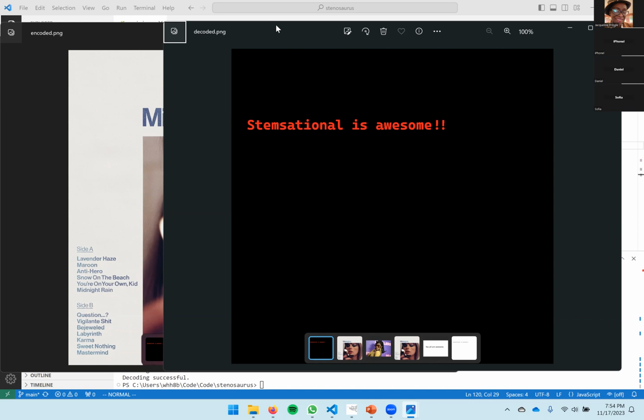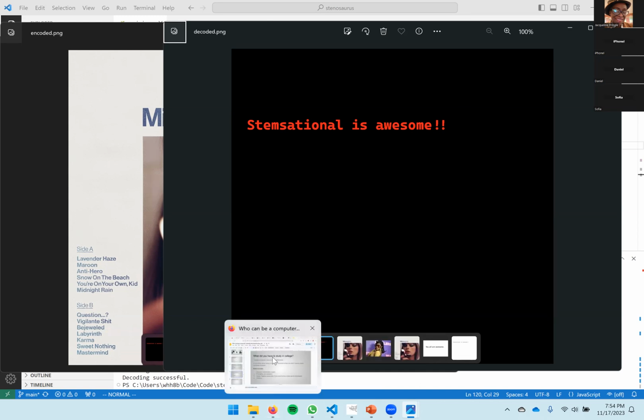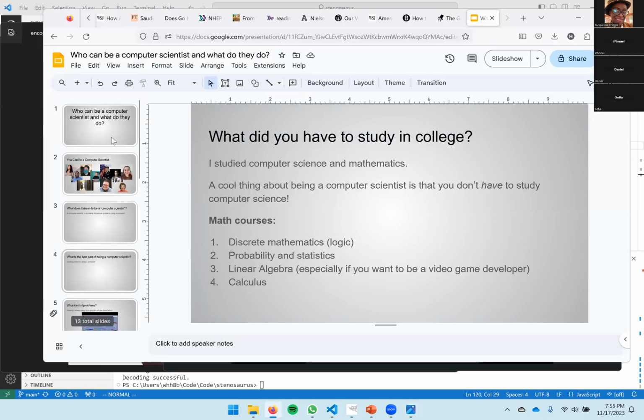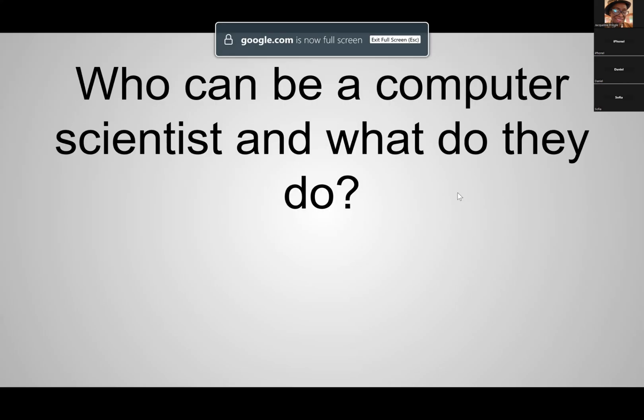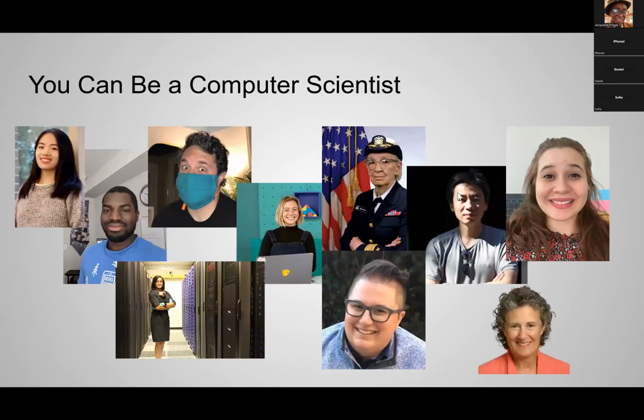The other thing that I wanted to talk about was this. So let's go back over here. And I want to tell you that one of the most important things that you can take away from this is that each one of these people on this slide is a computer scientist.